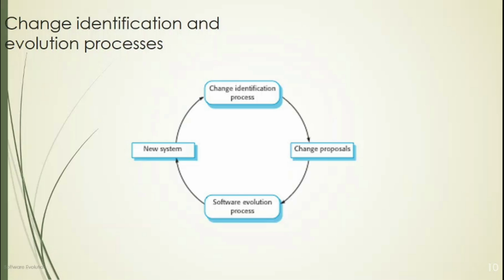So this is a continuous process of identification, then the change proposal, software evolution process, and new system. You may also come across this in your mobile, with the upgradation of the OS. Android: for some mobiles, they give upgradation for 2 years.